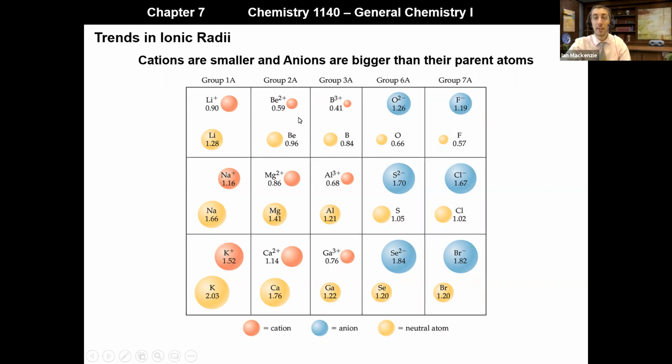Also, because the effective nuclear charge increases left to right across the periodic table, the sizes of the ions also follow that same trend. The effective nuclear charge for beryllium, remember, we determined to be +2. Well, for the ion of beryllium, those electrons feel a larger charge than the ones for lithium.